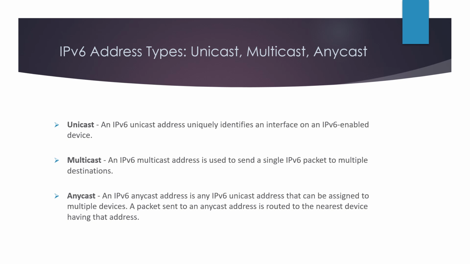And we have even the Anycast address, which is any IPv6 unicast address that can be assigned to multiple devices. But a packet sent to an anycast address is routed to the nearest device that has that address. The Anycast addresses are beyond the scope of this course, so we will not focus on that.